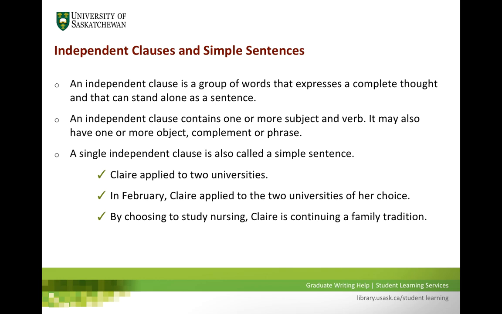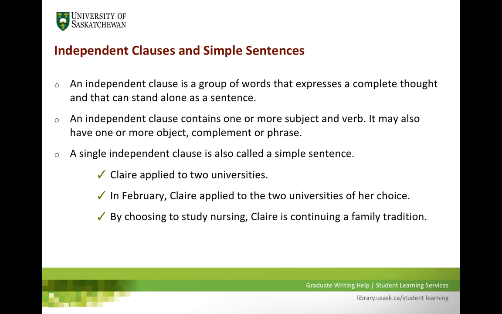It may also, but not necessarily, have an object, a complement, or a phrase as well, or multiple objects, complements, and phrases. Here's an example of different independent clauses. And so a single independent clause is also known as a simple sentence. So these three examples are all simple sentences.